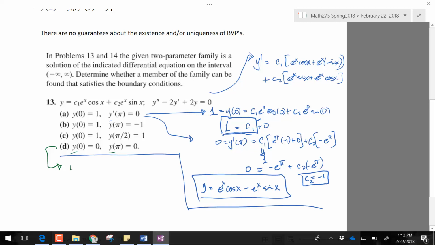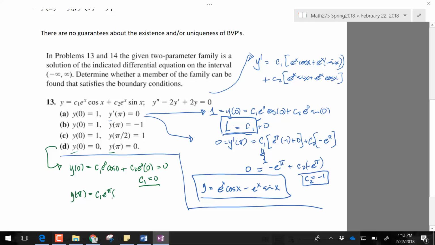So we have y of 0, c e to the, what's cosine of 0? Cosine of 0 is 1, and sine of 0 is 0. So in this case, c1 is equal to 0, right? And y of pi is c1 e to the pi.